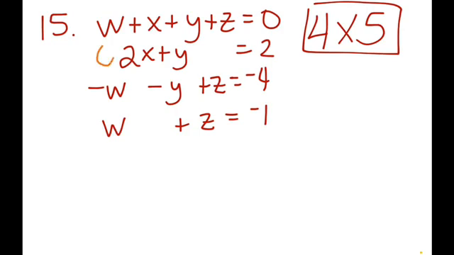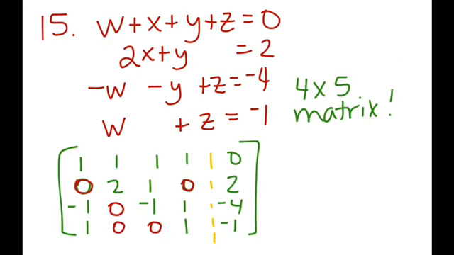Remember, you don't have some of the variables where you think you might need to have them, so you're going to have to enter zeros for that. This is your augmented matrix. I have put in red all of the places where you have zeros instead of some other coefficient. So make sure you've got that entered correctly.